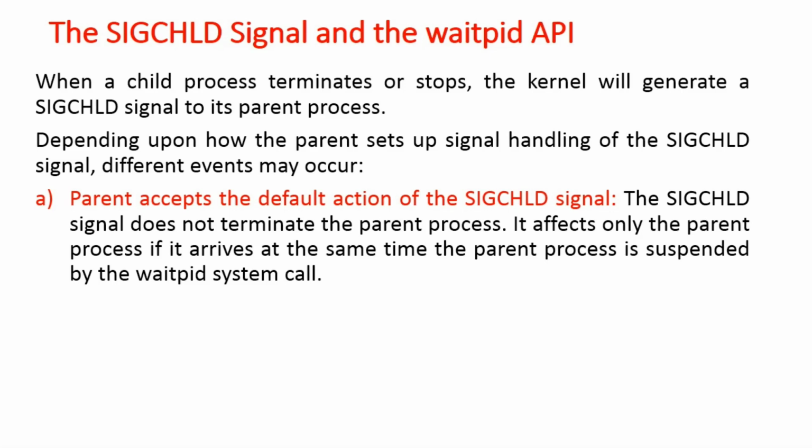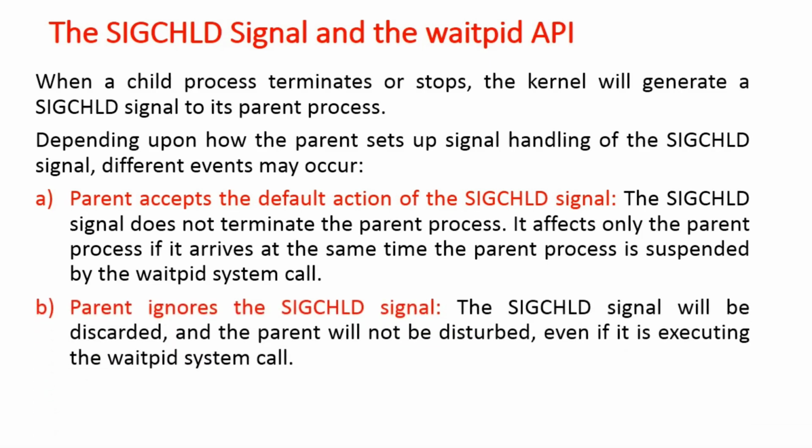The default action is that the signal does not terminate the parent process. It affects only the parent process if it arrives at the same time when the parent process is suspended by the waitpid system call.